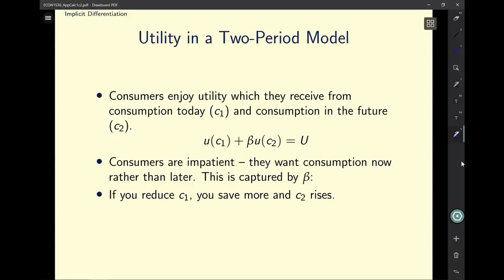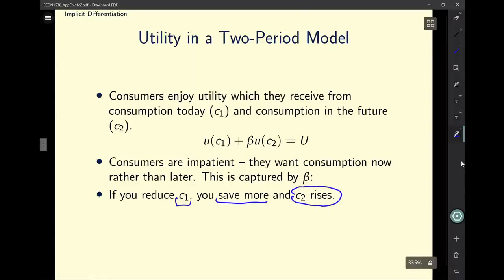So for example, if you think of yourself in this model, maybe you just have a fixed amount of income, and then you're going to choose how much to spend today, how much to spend in the future. Therefore, your spending is equal to your consumption. If you reduce your consumption today, that means you're saving more today. You're saving more of the total consumption you have available. And your consumption in the future is going to rise.